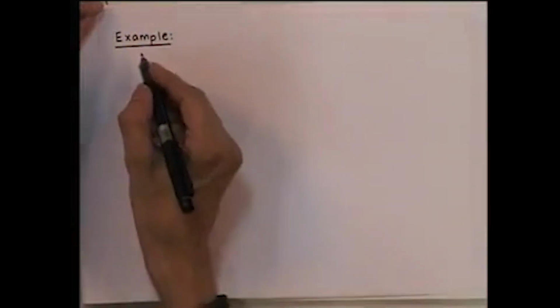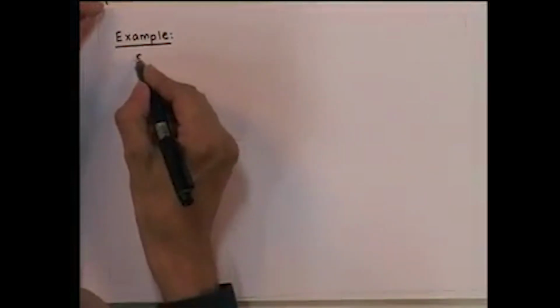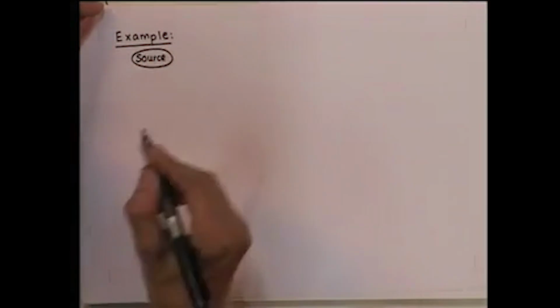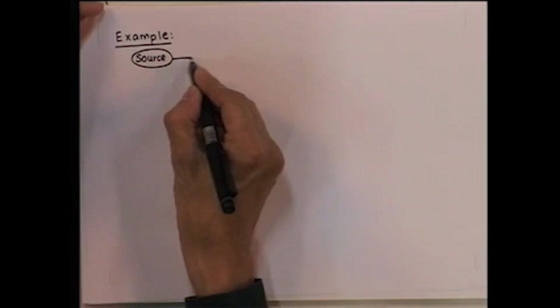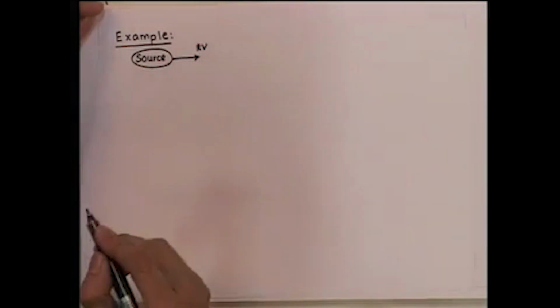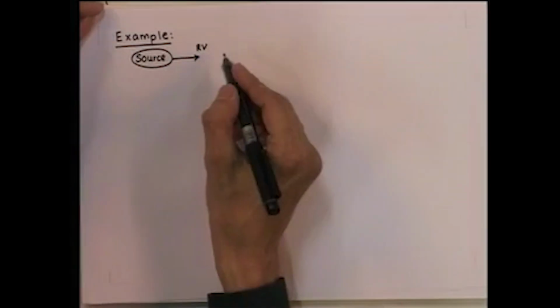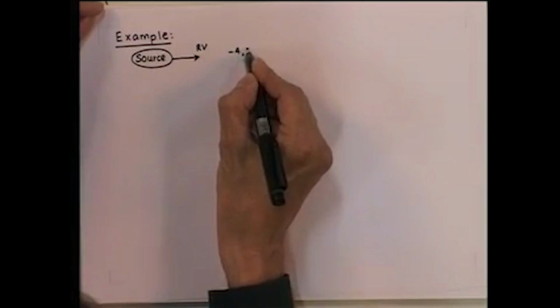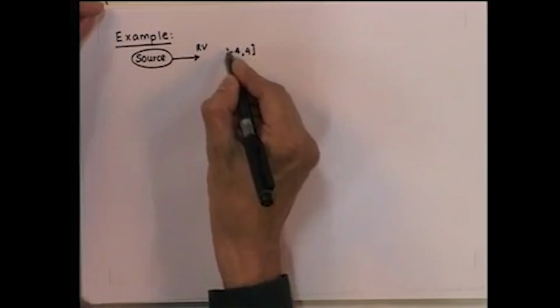Let us assume a source whose output can be modeled as a random variable, and this random variable takes values in the interval -4 to +4.